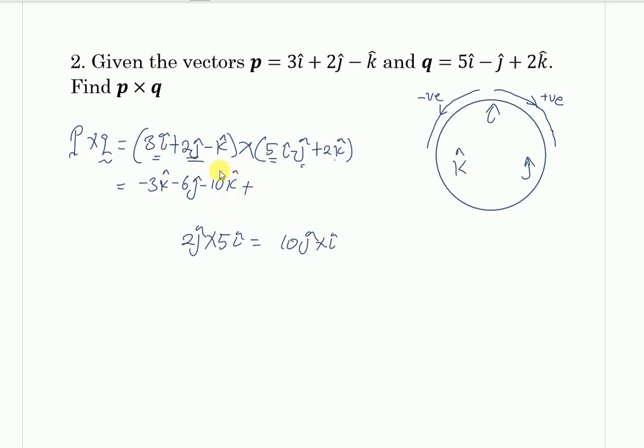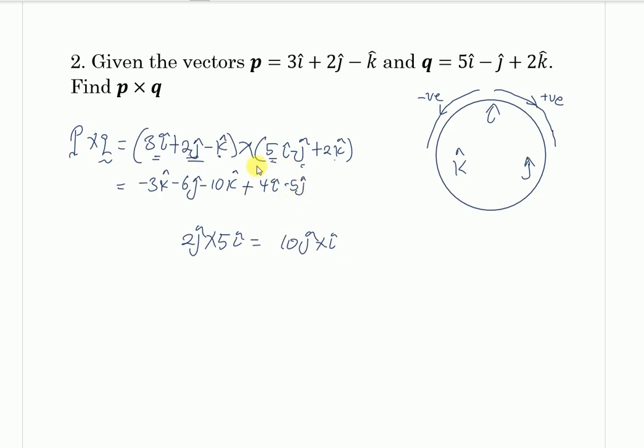Then 2j crossed with 2k gives 4i, because j cross k is positive. Then we have negative k and 5i: k cross i is positive j, so this is negative 5j.